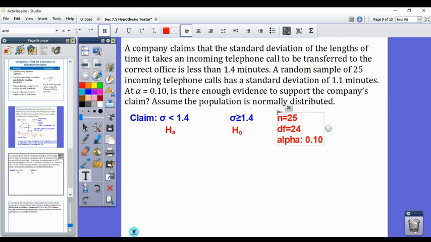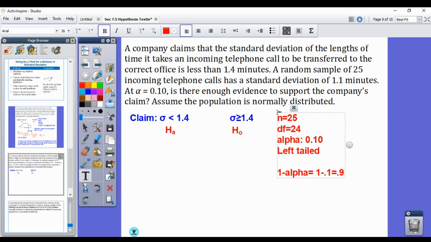Okay, and we need to identify what kind of test this is, and this is a left-tailed test. So we have to do some work for the left-tailed test. What do we have to do? We have to do 1 minus alpha. So in this case, it is 1 minus 0.1, which is 0.9.